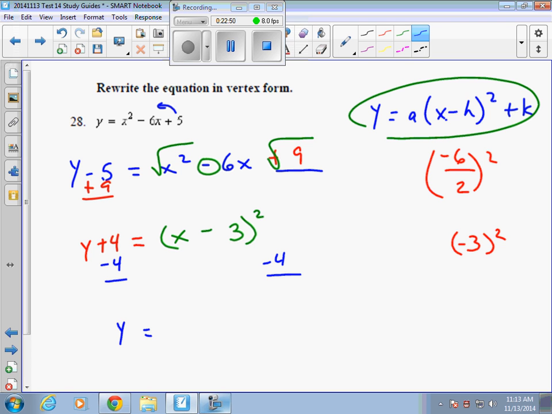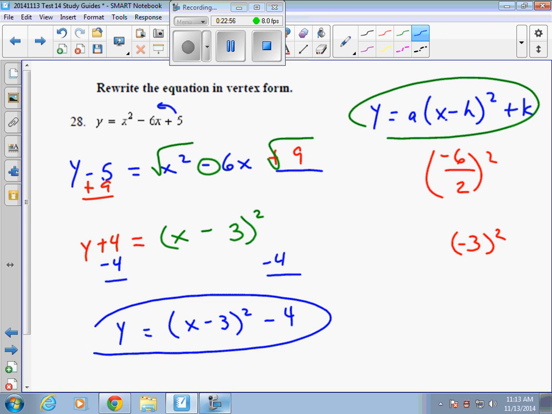And y is equal to x minus 3 squared minus 4, vertex form. And remember, if it asks you for the vertex out of that, it's the opposite of what you see here. So it would be 3 as your x value, and exactly what it says here, negative 4 as your y value. That's where you would graph the vertex.